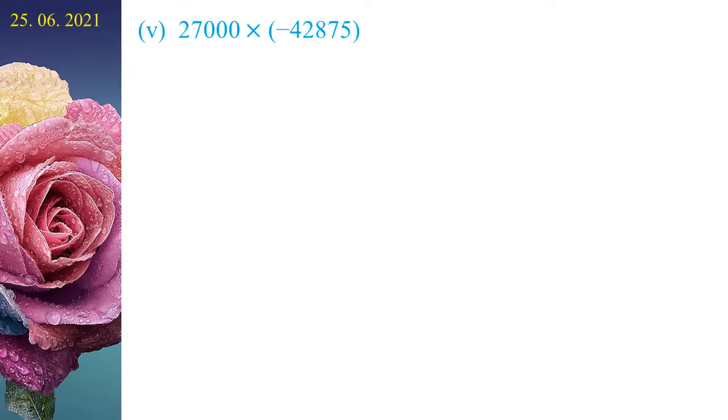27,000 into minus 42,875. Now we are going to find the cube root of the product of the integers 27,000 and minus 42,875. We can say that for any perfect cubes x and y, the cube root of x into y equals the cube root of x into the cube root of y.